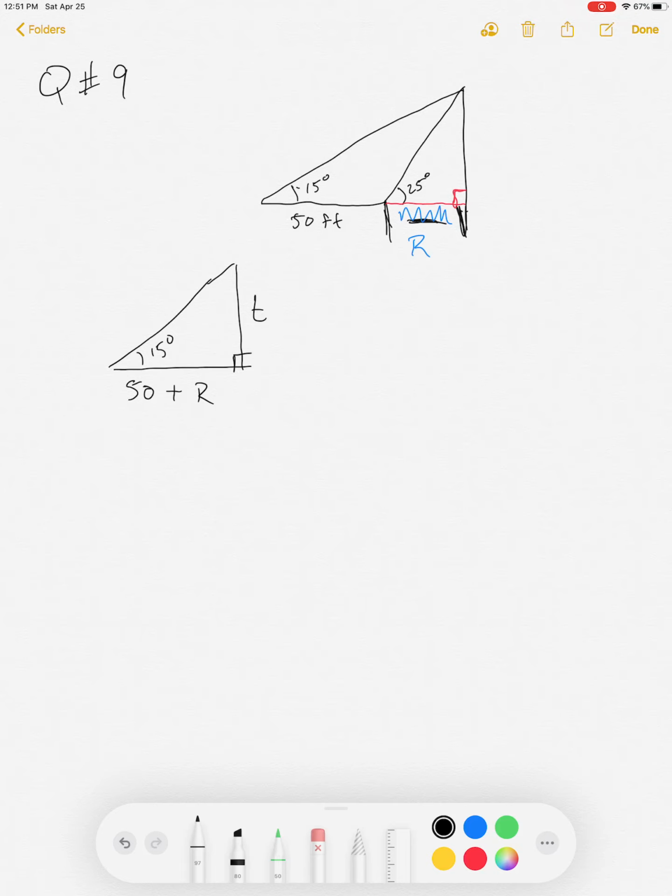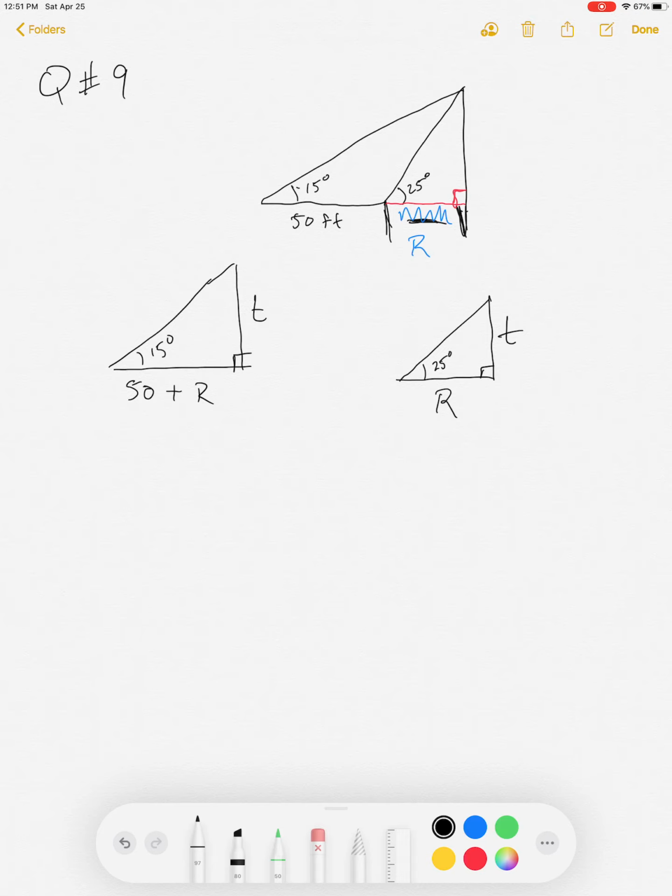And then I also have the smaller triangle where the base of the triangle is R and the height is still T. And this is 25 degrees. Okay?